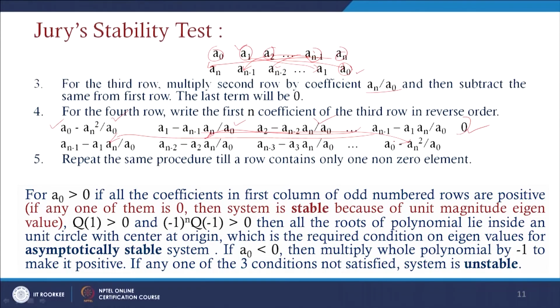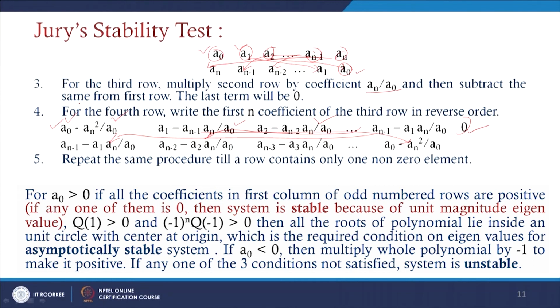And for a0 greater than 0, if all the coefficients in the first column of odd numbered rows, that is 1, then 3, then 5, and so on, are positive, and if any one of them is 0, then the system is stable here because of the unit magnitude of the eigenvalue. And this is nothing but Descartes' rule.